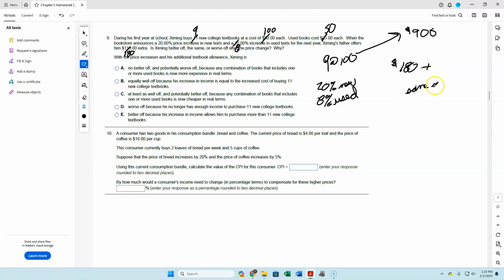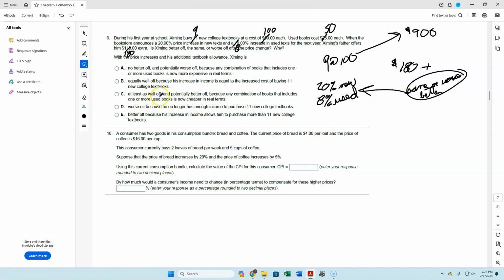Is he going to be the same or worse or better after that change? The idea here would be that if he's being given this $180 increase, he would at least be as well off.